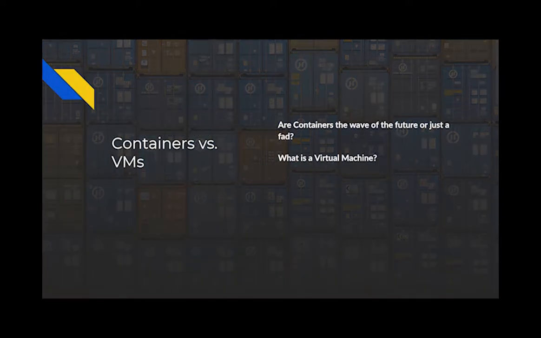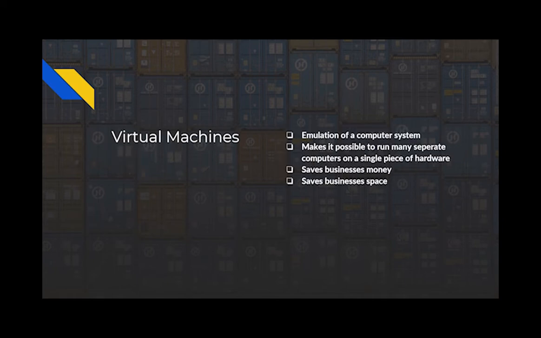So now we're going to talk about containers versus virtual machines. Are containers the wave of the future, or are they just a fad? What is a virtual machine? So basically, virtual machines are a type of emulation of a computer.